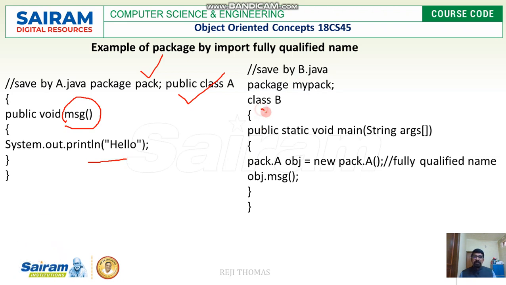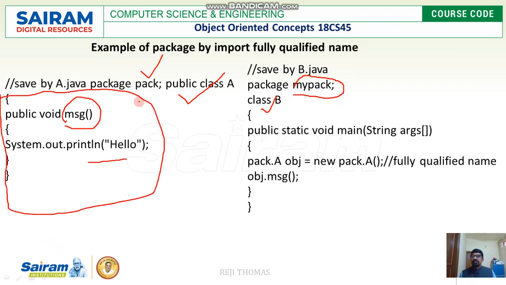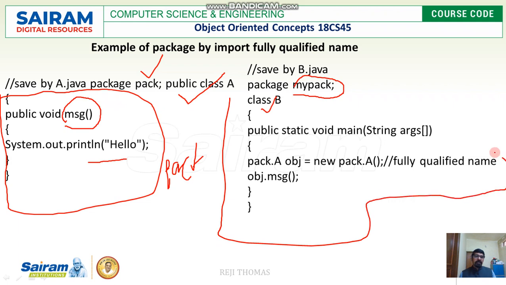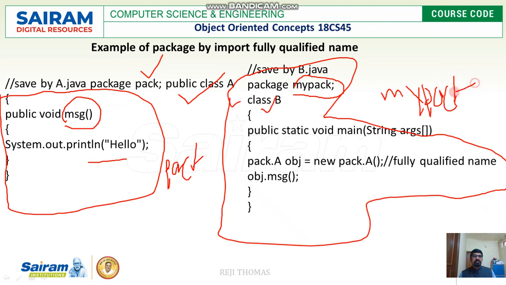I named it class B. This is inside my pack. Please remember this class A is inside a package called pack. It's a container, and this is inside another container or package called my pack. These two are different packages, right?